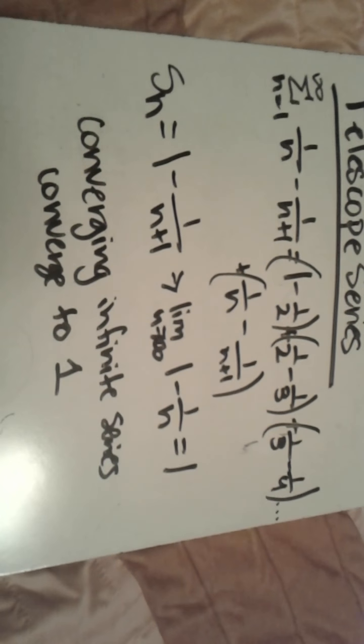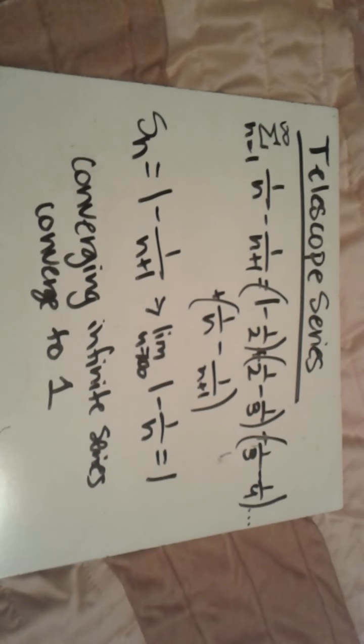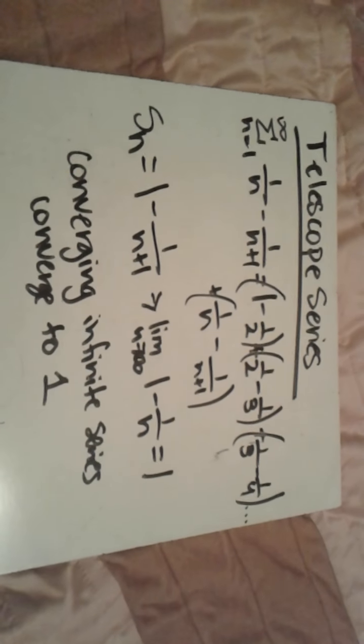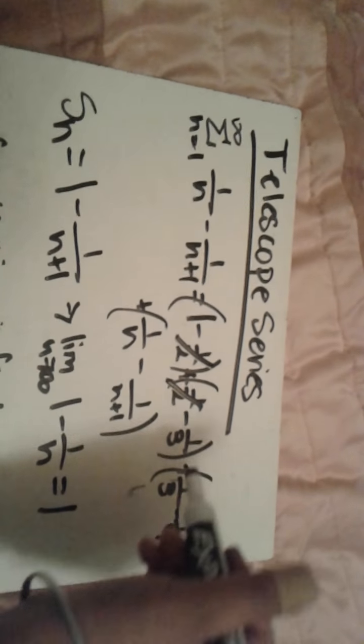When looking at this, you could see some of the terms crossing out. For example, you could see the negative 1/2 cross out with the positive 1/2 right here. And then you could also see the negative 1/3 cross out with the positive 1/3 right here.